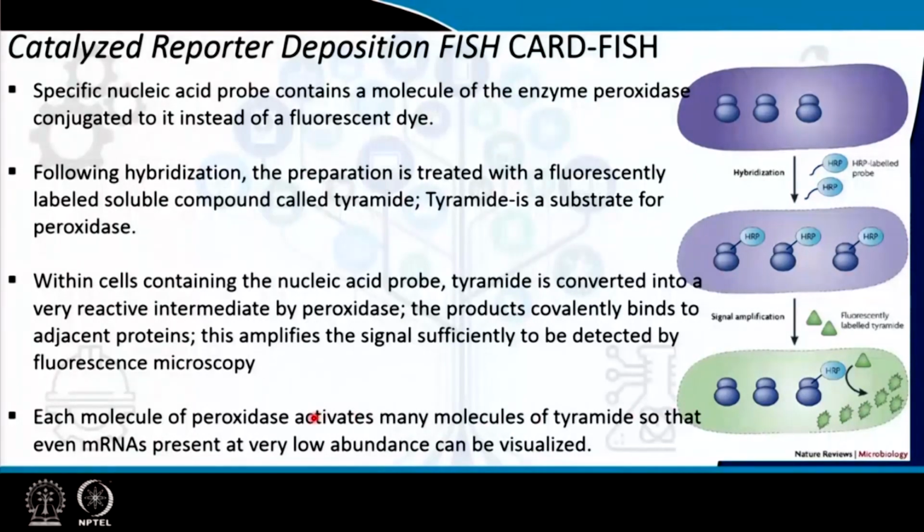Each molecule of peroxidase activates many molecules of tyramide, so that even mRNAs present at very low abundance can be visualized. So you will be able to see if some cells are expressing the gene of interest, even if the expression level is low.